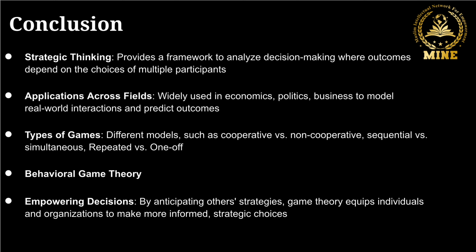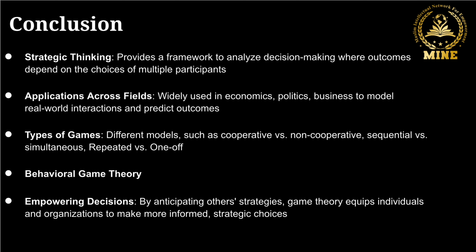Then we also discussed types of games, different models such as cooperative versus non-cooperative, sequential versus simultaneous, and repeated versus one-off. Then we touched upon concepts like Nash equilibrium, dominant strategy, and optimal strategy. Then we also discussed some scenarios like the business dilemma, the ultimatum game, and the tragedy of the commons.